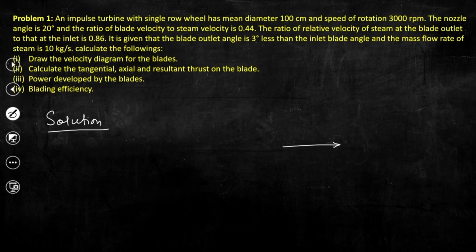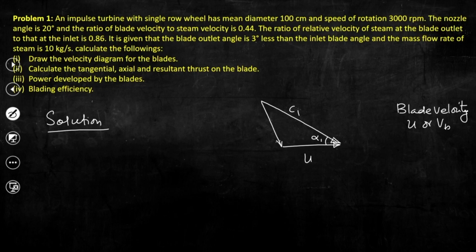So, if we consider this is the blade velocity u, sometimes it is also denoted by Vv, and if we complete the inlet velocity triangle first, that is the absolute velocity of steam coming out from the nozzle, which is making an angle alpha or alpha 1, that is the nozzle angle, and since the wheel is rotating, the velocity of steam relative to the blade velocity is the relative velocity and we can draw this. So, this is W1.